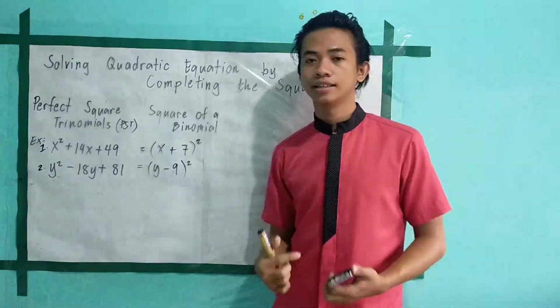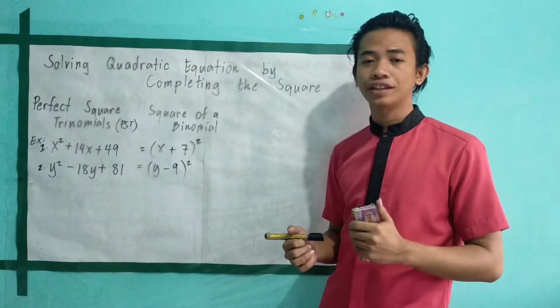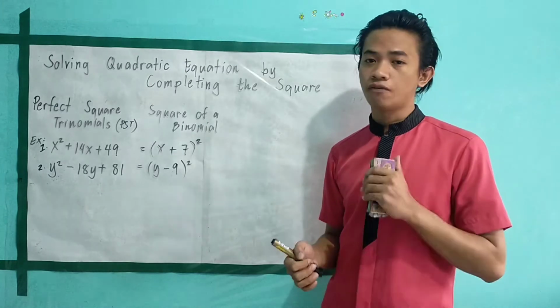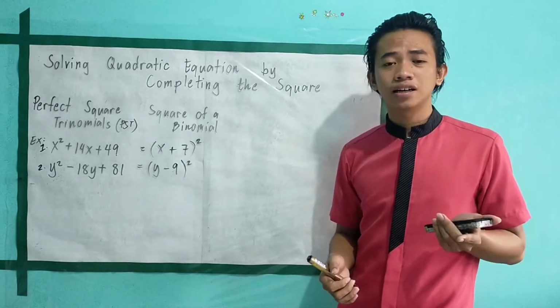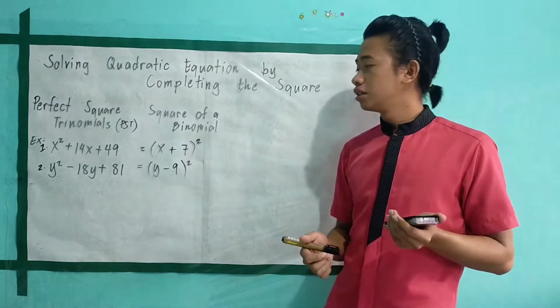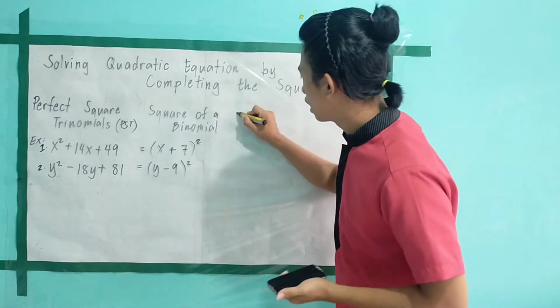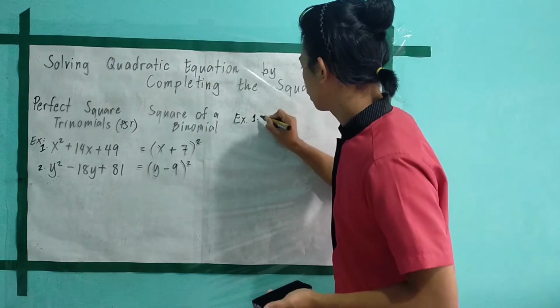Okay? In solving quadratic equation, it is easily solved when the quadratic equation is factorable. Now, the question is, paano kapag hindi factorable yung ating equation? Like, for example, we have example number 1.